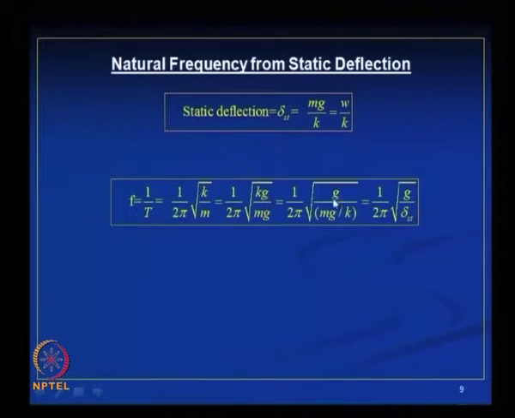If we put this in terms of w and k and rearrange, the final expression comes out to be 1 by 2 pi root over g by delta st. g is the acceleration due to gravity, which is known to us. Delta st is the static displacement, which we have computed while hanging that mass from that spring. In that way, we can find the natural frequency from the static deflection.